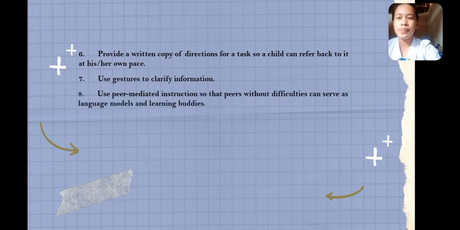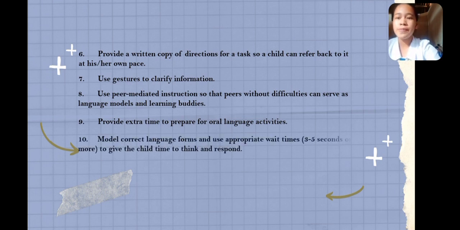Next, use peer-mediated instruction so that peers without difficulties can serve as language models and learning buddies. Next, provide extra time to prepare for oral language activities. This is very self-explanatory, no?